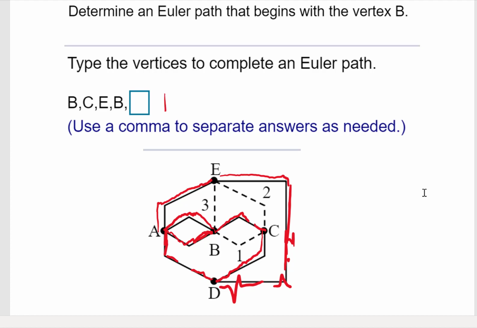So let me go ahead and write this in here. So it went A, E, D, A, B, C, and then D.